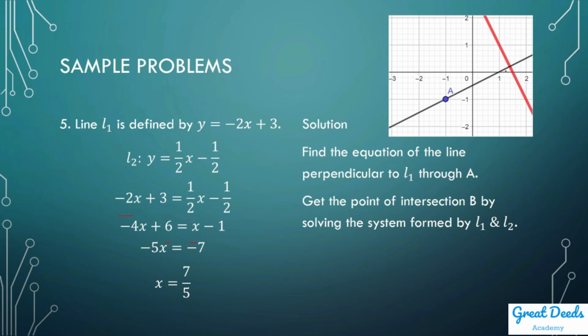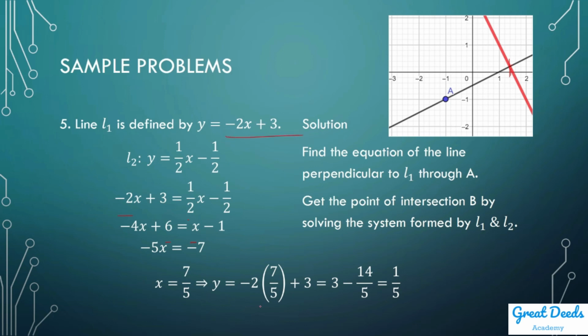You can compare it with this point, and you can see here that it matches what we are seeing in the figure. How do you get the y coordinate? Well, you can just substitute the value of x into either of the equations. Let us use this one.